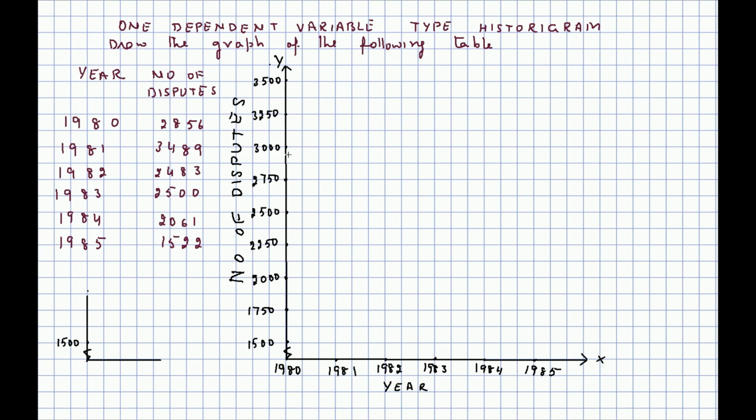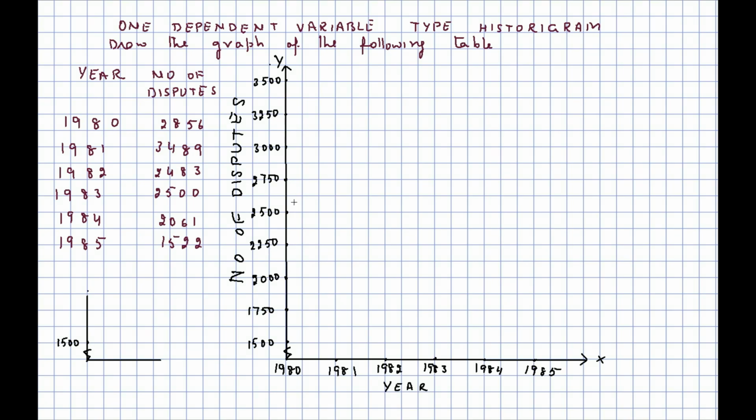That is, difference between 1500 and 1750 is 250. The difference between 1750 and 2000 is 250. This gap between any two values on y-axis is much smaller than the gap between 1500 and origin. So to represent this properly, we use kink like this, as I mentioned before.